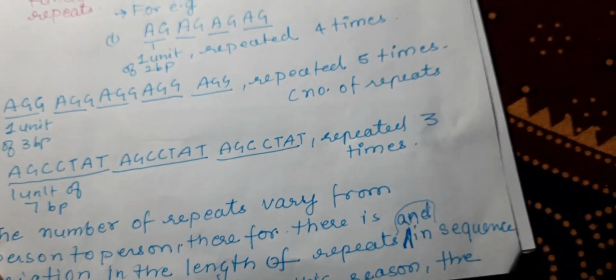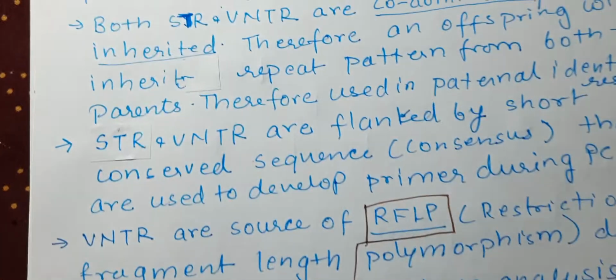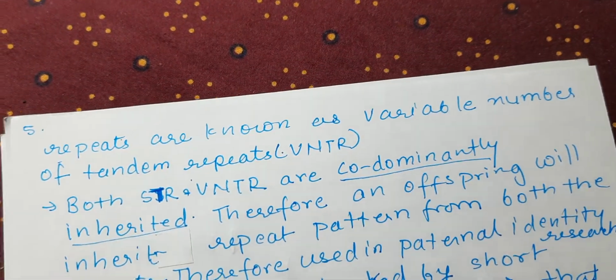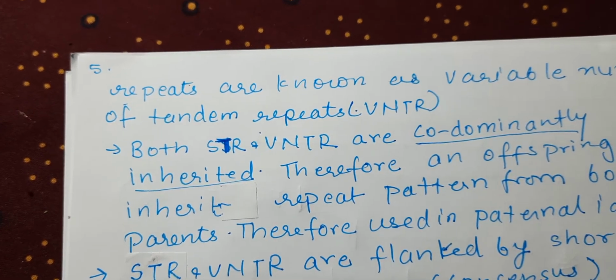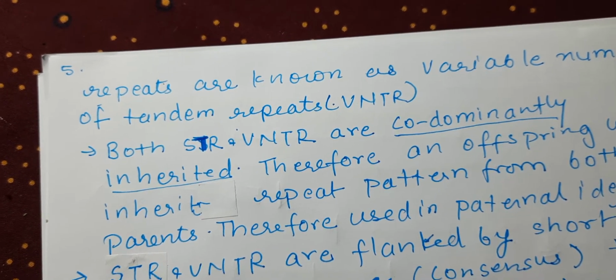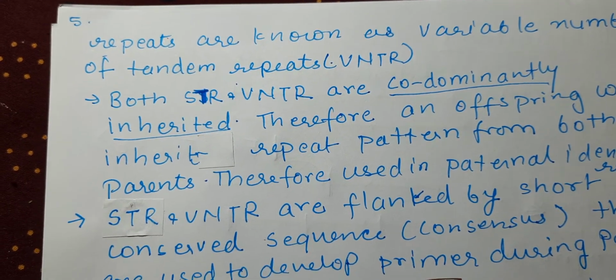So for this reason the repeats are known as variable number of tandem repeats. So the repeats they vary from person to person in a population, in the human population if you talk.